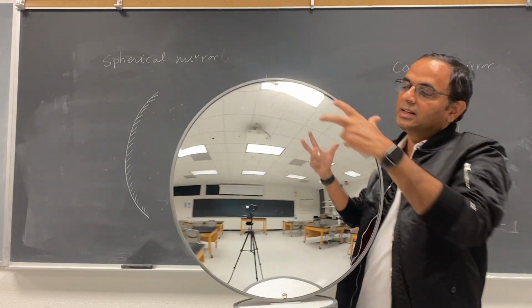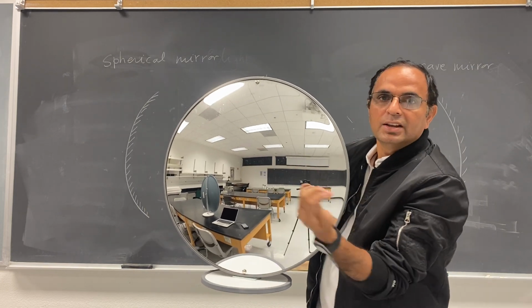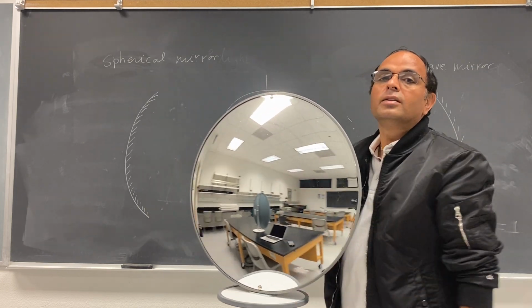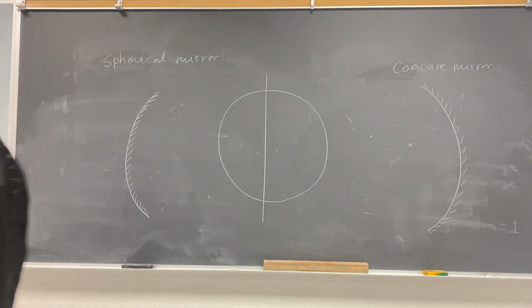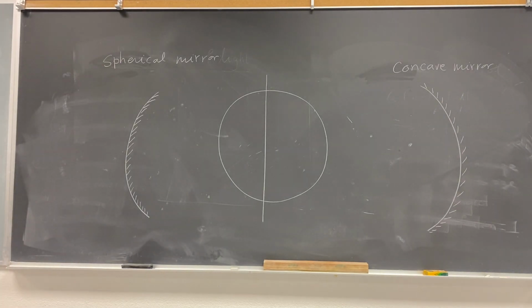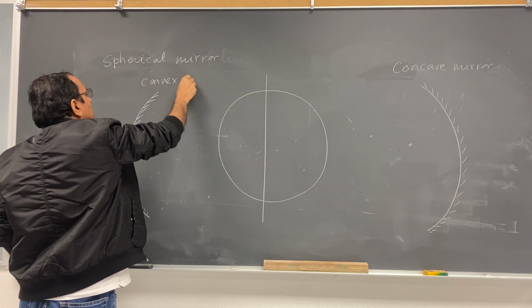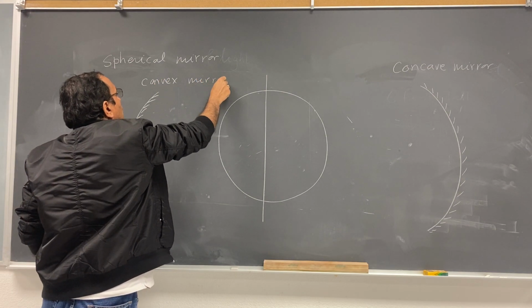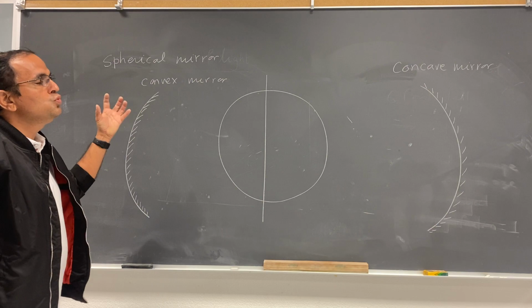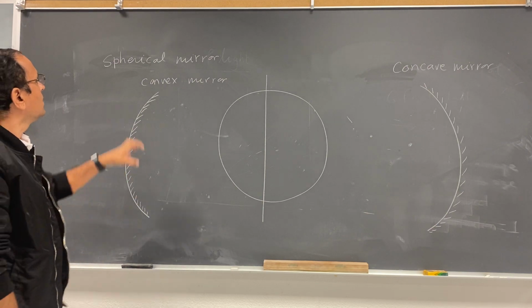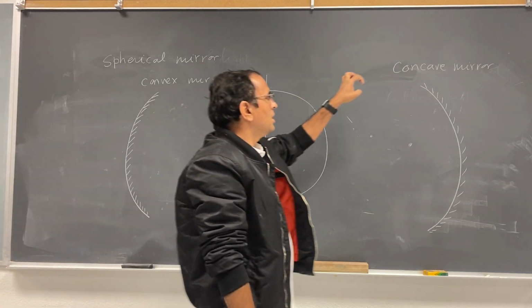So this balls out here. So this is the convex mirror. So we'll talk about these 2 types of spherical mirror, convex mirror and concave mirror.